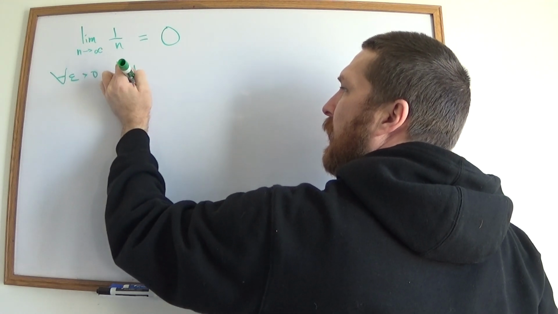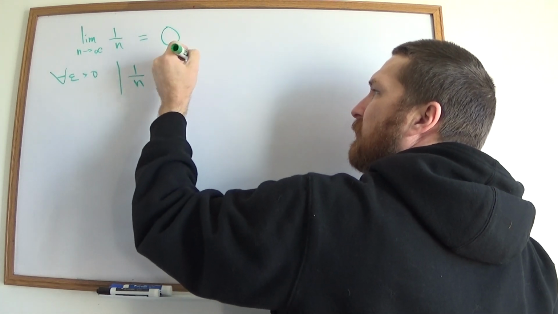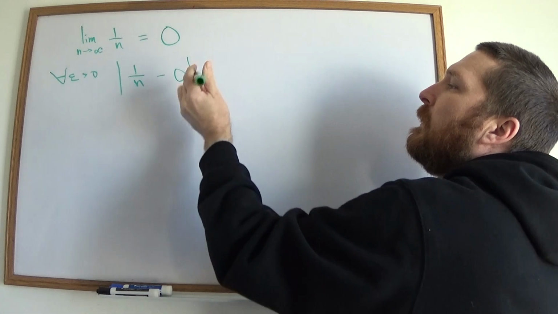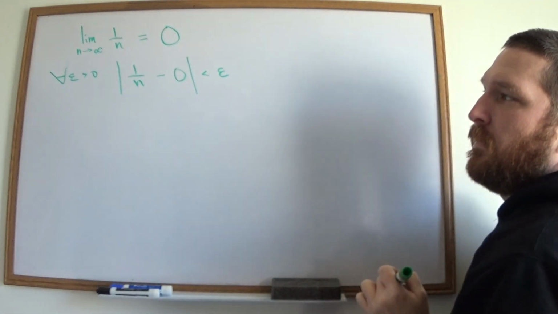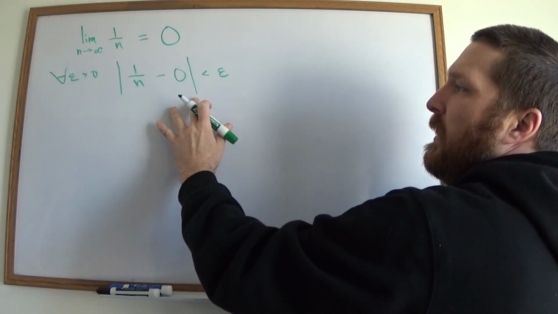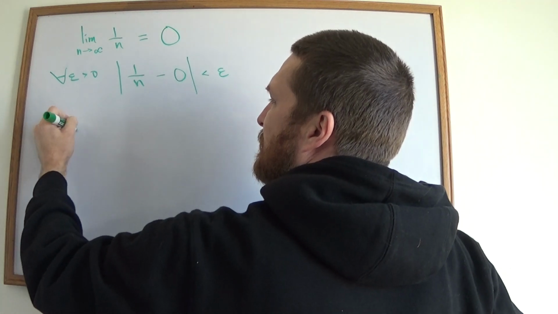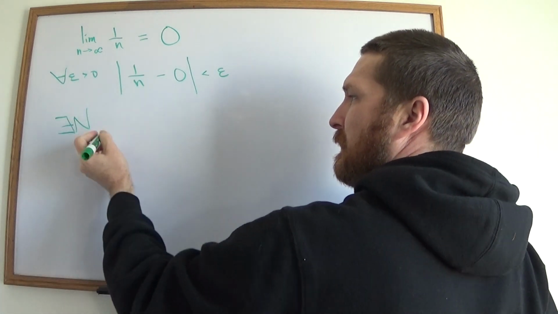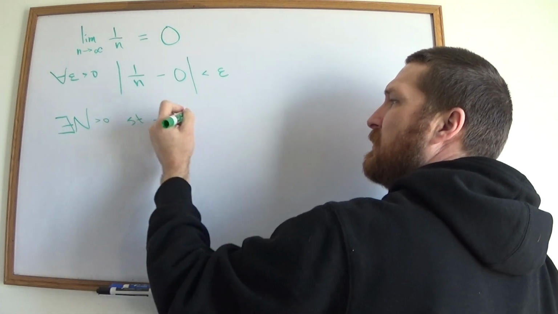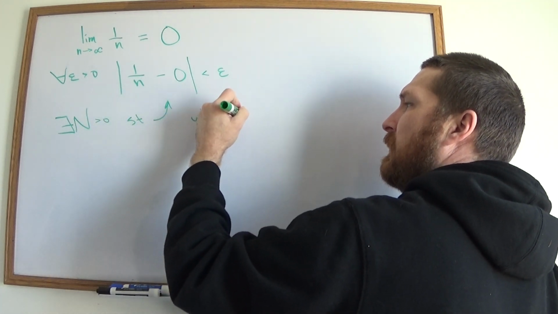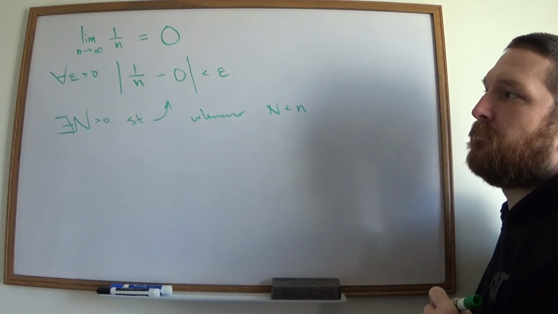Then I can make the difference between this function and this number less than that tolerance. That means there exists an N, also positive, a big N, so that this is true whenever little n is beyond it.